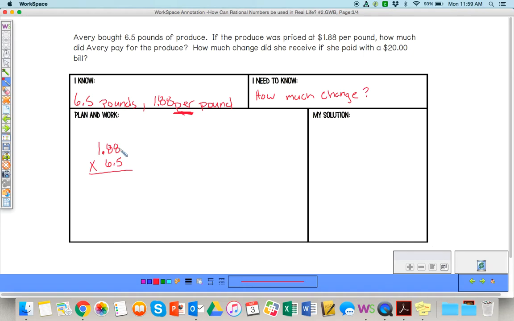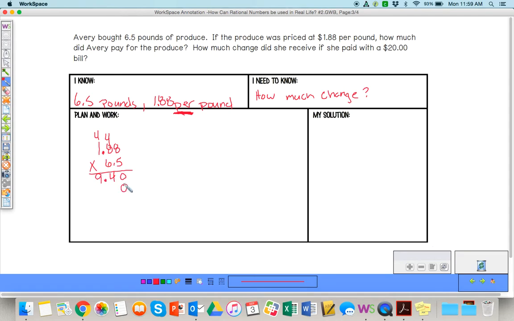So we do 5 times 8, 40. Carry the 4. 5 times 8, there's a 4, and a 4. 5 times 1 plus 4 is 9.